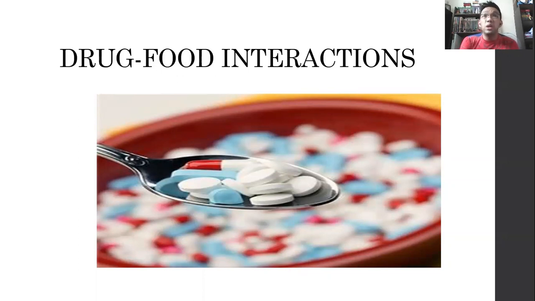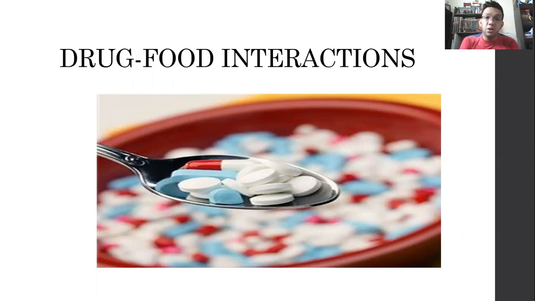Coffee will increase the potency of paracetamol, and within 15 minutes my headache is going to disappear. So that's how drug-food interaction works.